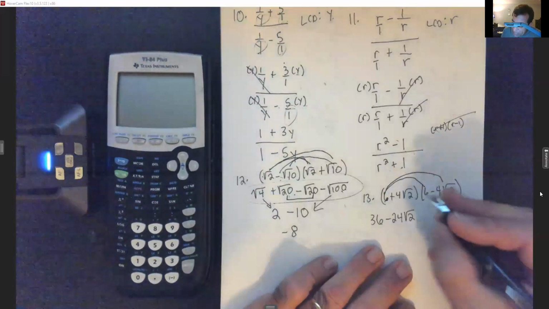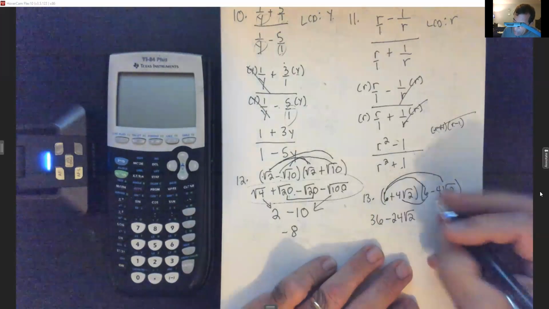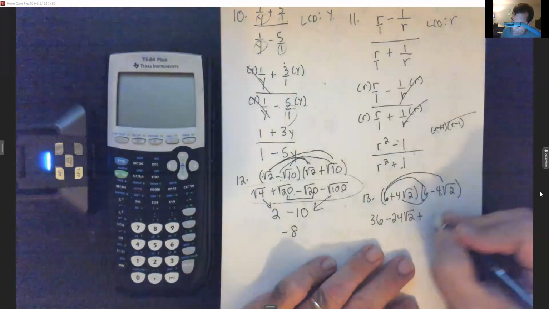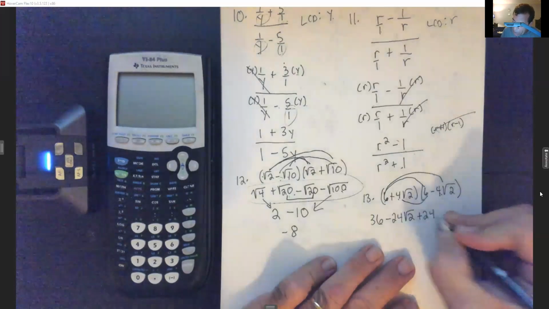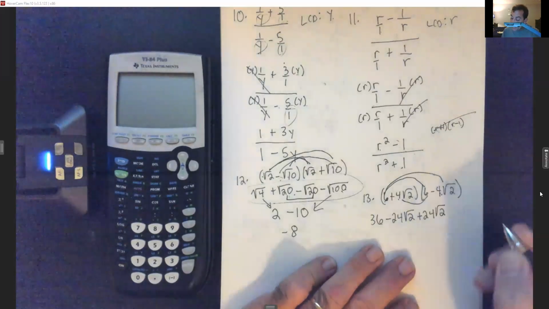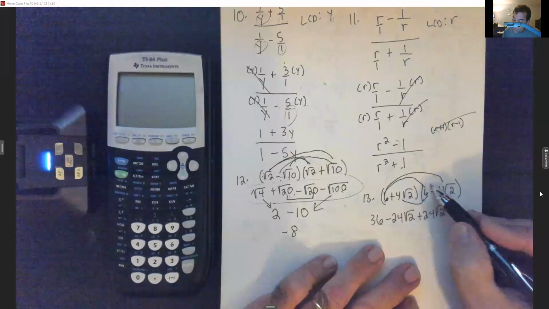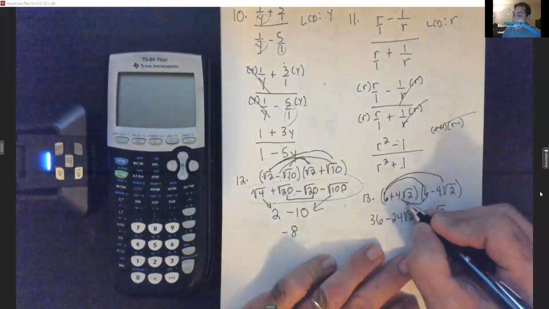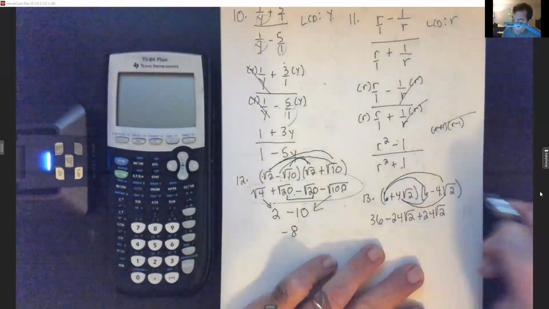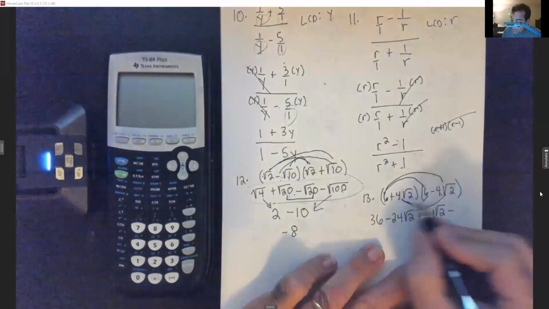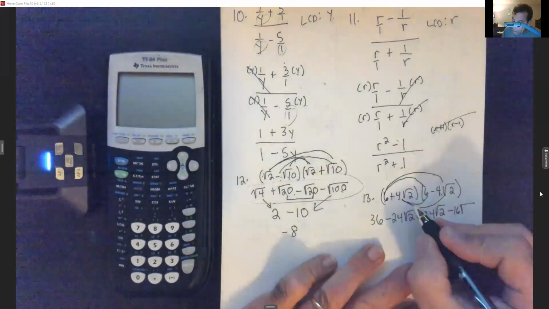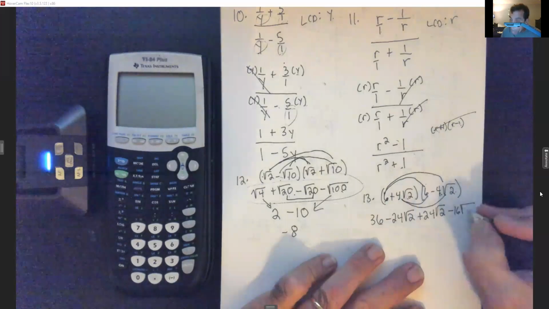Now watch this. 4 square root of 2 times 6, positive times positive is positive. The 4 can multiply by the 6 because it's outside, and then the square root of 2 stays the same because there's not a radical here. And then finally, that positive 4 square root of 2 times that negative 4 square root of 2 is going to be a negative. The 4 on the outside times the 4 on the outside is 16. Square root of 2 times 2 is 4.